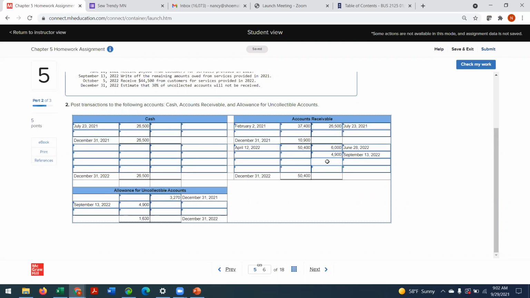Then it says we received 44,500 from customers for services provided in 2022. That's October 5th. And we will show that October 5th, we received 44,500.